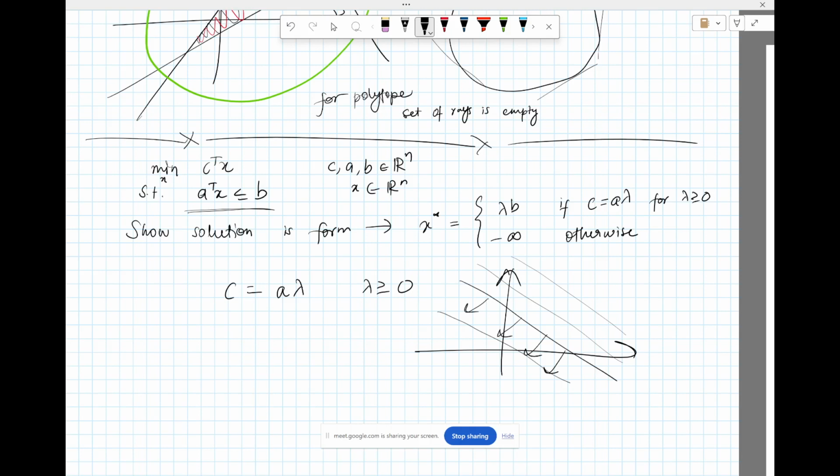So either it will be lambda times this constraint, or it will be infinite. It won't exist.